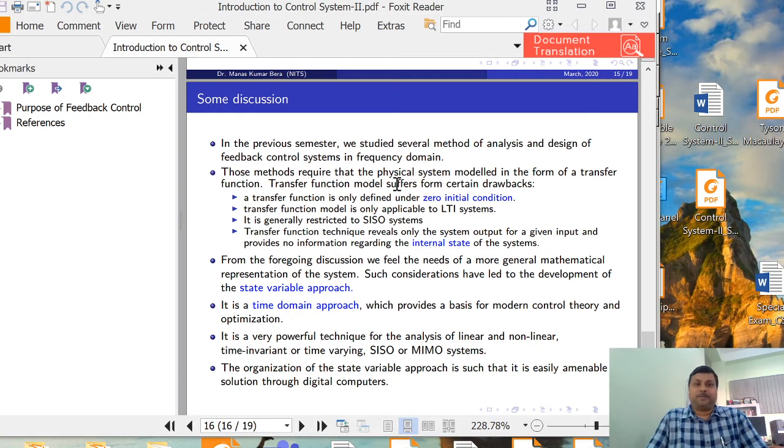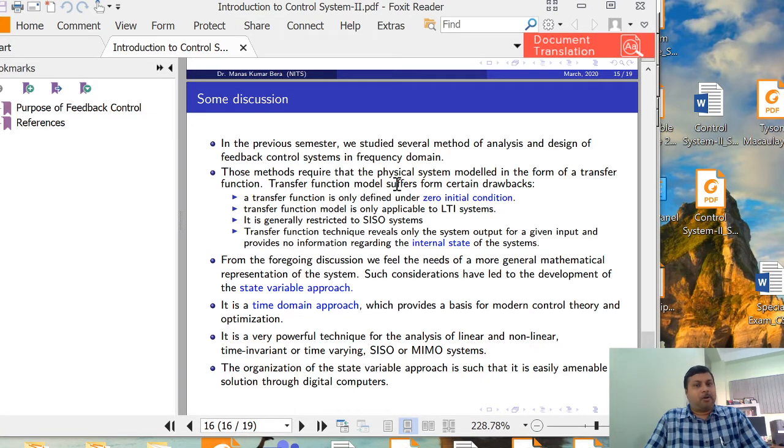A transfer function is only defined under zero initial condition. Also, in the last class I told that a nonlinear system cannot be modeled using the transfer function approach, but that is not true. Actually, transfer function modeling can be done for a nonlinear system.